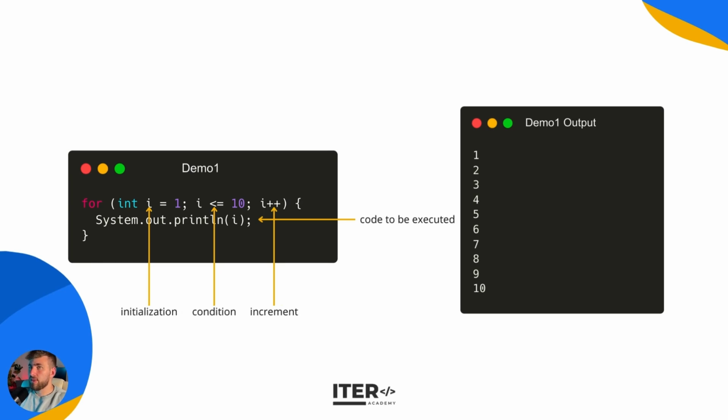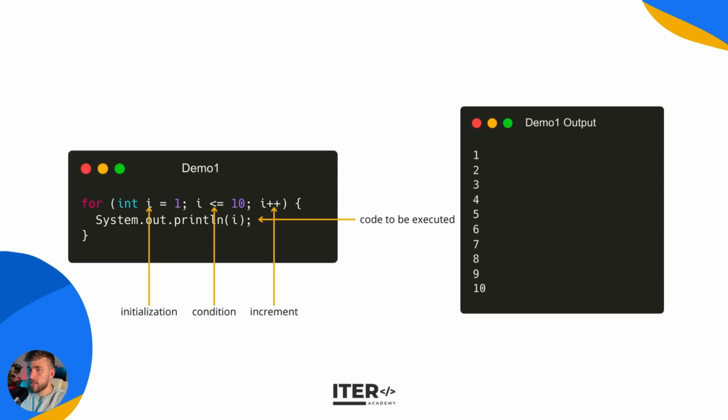For example, let's say we want to print the numbers from 1 to 10. We would set our initialization to a variable i equal to 1, our condition to i less than or equal to 10, and our increment to i++. This would result in the following code, as you can see in demo 1.